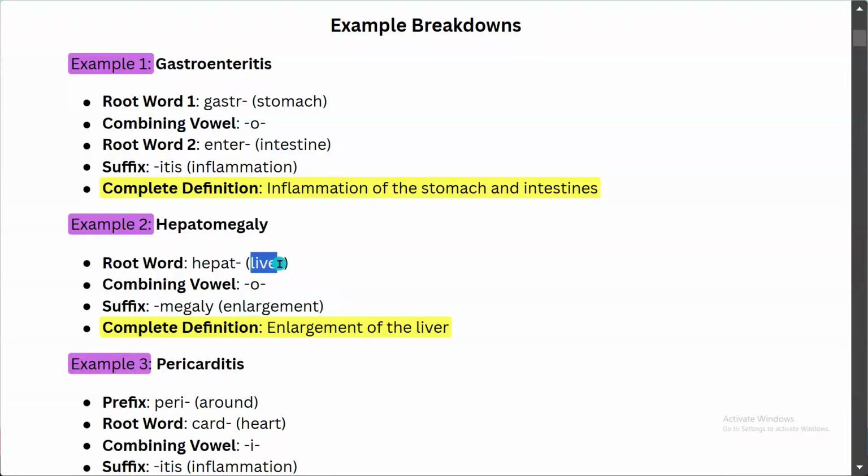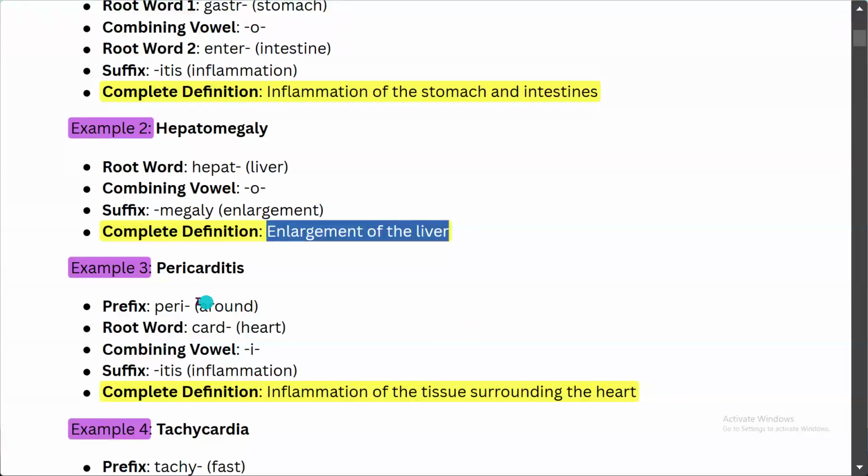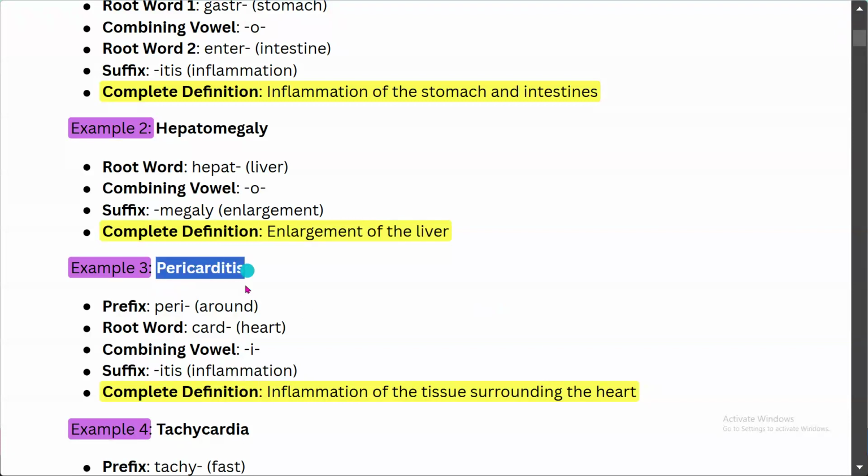So in normal understanding, if the liver is enlarged, the medical term will be called hepatomegaly. These terms will be documented in your medical record, and when the medical record is formed, it will be written as enlargement of liver.